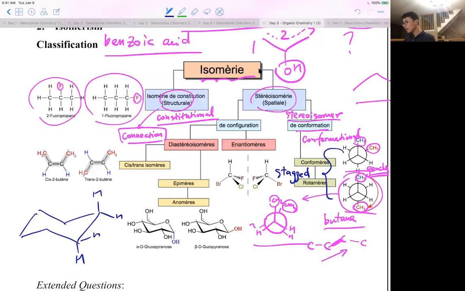If our staggered definition includes both situations, it is correct, because these two hydrogens are anti, but these two hydrogens are gauche. If we combine these two together as staggered, I think it makes sense.